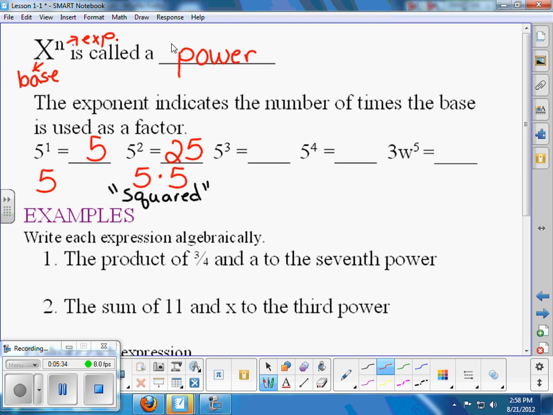The next problem is 5 to the third power, which means there are 3 5s being multiplied. 5 times 5 times 5 is 125. And very similarly to 5 squared, 5 to the third power can be read another way. It can be read as 5 cubed.